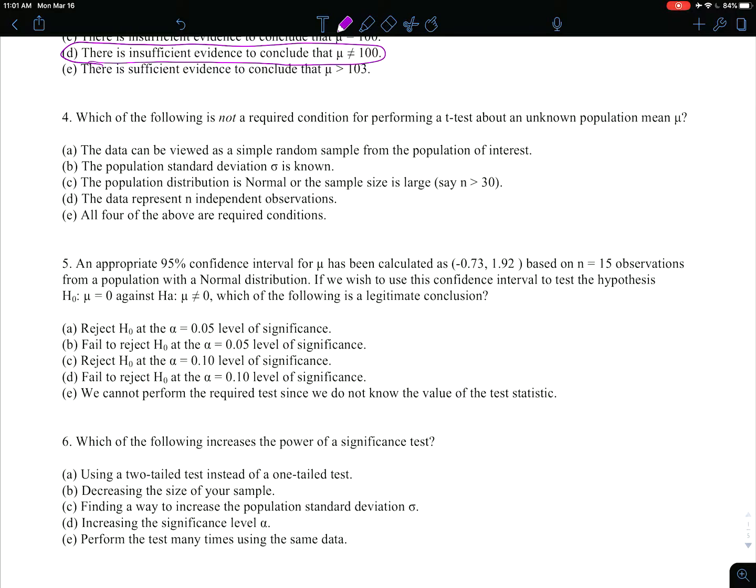Which of the following is not a required condition for performing the t-test about an unknown population mean? So the t-test, remember that the t is x bar minus mu over s divided by the square root of n. So random, that is one of the conditions. The population standard deviation sigma is known. That's not needed.